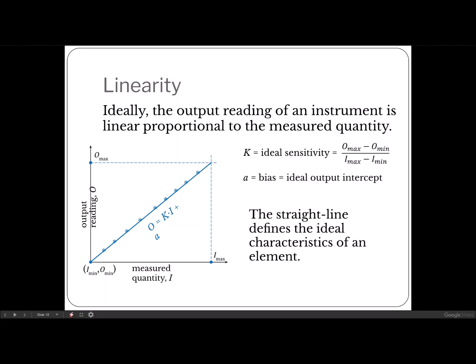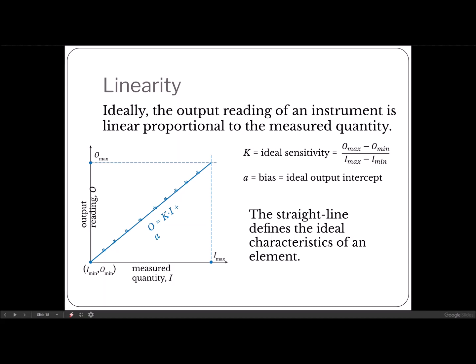What it measures, the input, is the temperature of the body that you measure. But with a digital thermometer, the output is actually a current, which eventually will be converted to a digital reading.